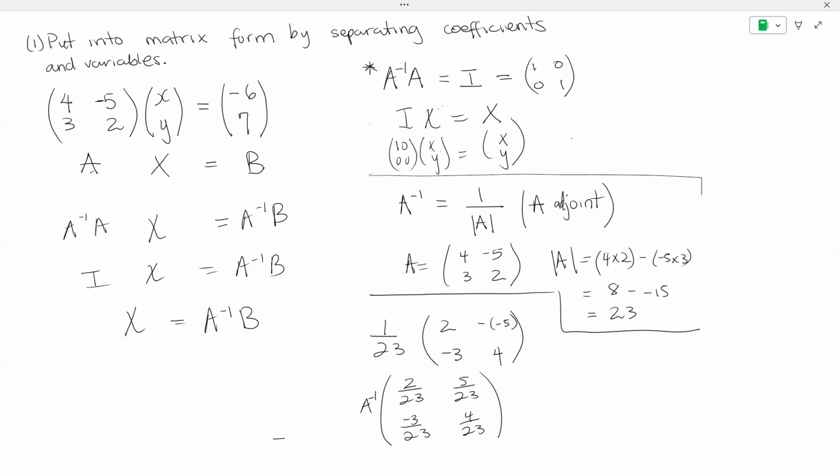The determinant of A is 4 by 2 minus 5 by 3, so 8 minus 15, which is negative 7, right?